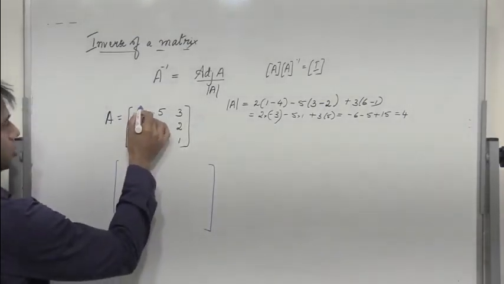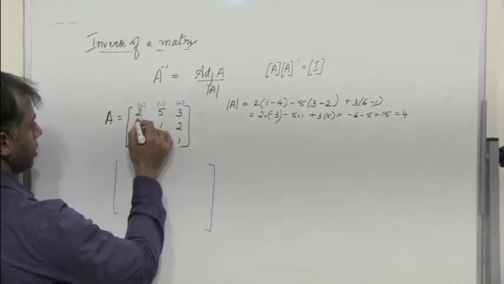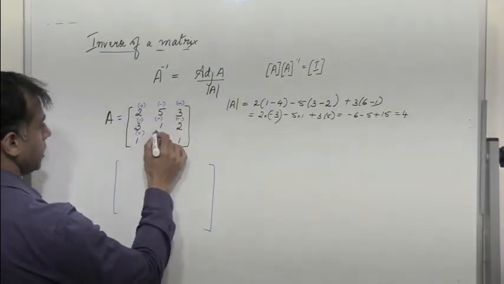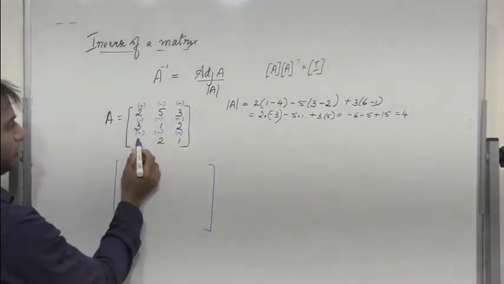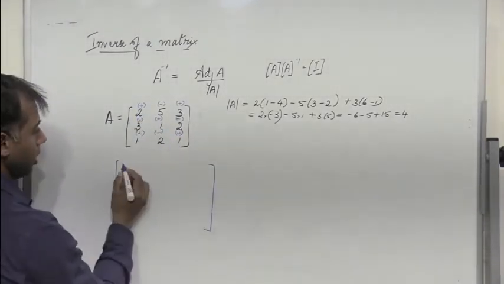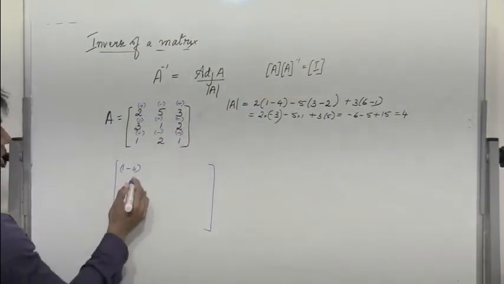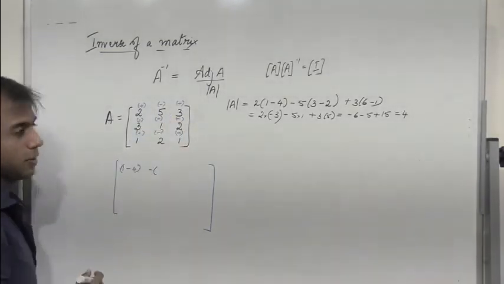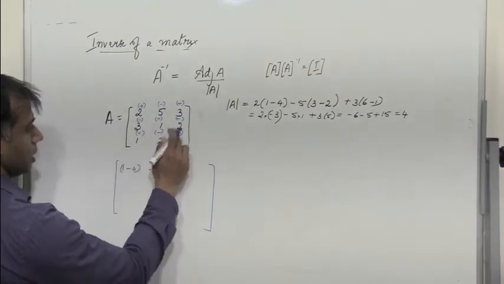Let me write the signs so that we do not skip putting the signs while finding the cofactors. So to find the cofactor of 2, leaving the first column and first row, it is 1 into 1 minus 2 into 2. Next, minus sign, leaving the second column and the first row, 3 into 1 minus 1 into 2.